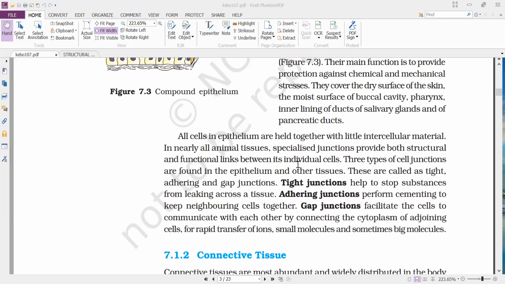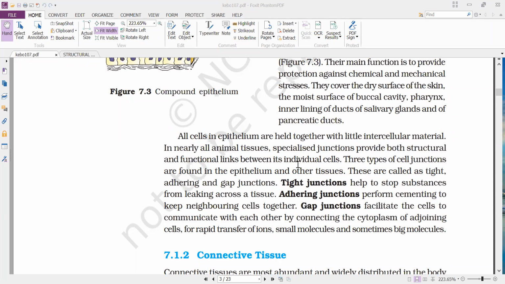The three types are tight junctions, adhering junctions, and gap junctions.